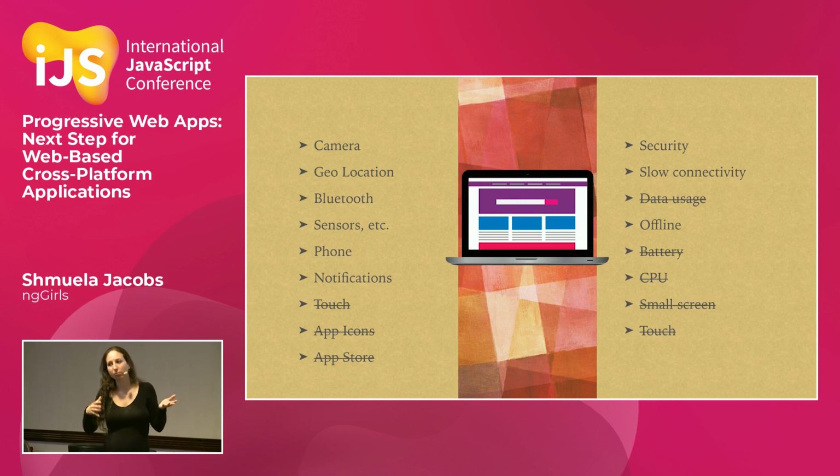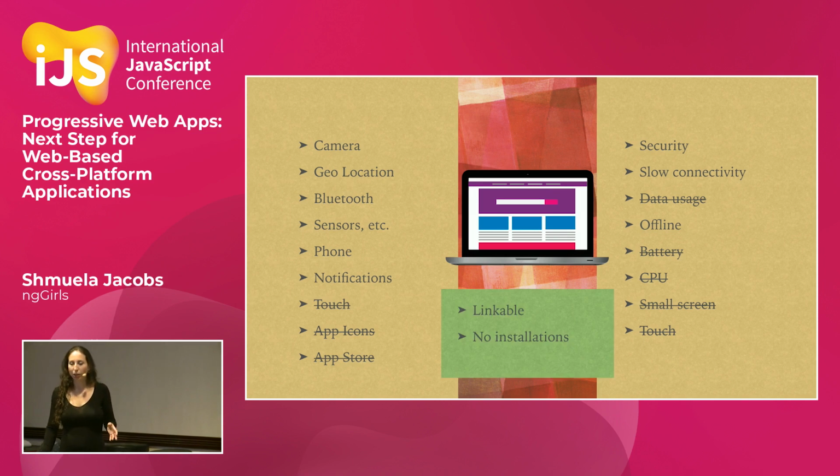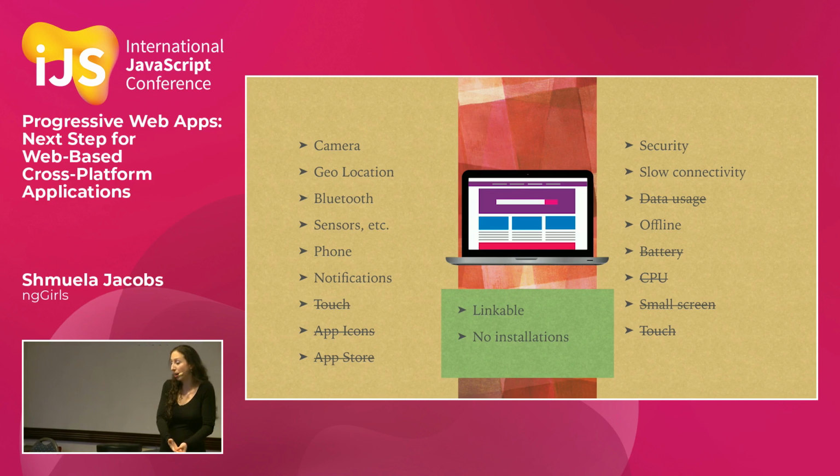Battery is, well, it's good always to think about battery, but it's less painful than mobile. CPU, small screen, and touch are things that are less relevant for our desktops. And on top of that, we also have a few good things that come from the web desktop world, which are also available now for web applications on the mobile.